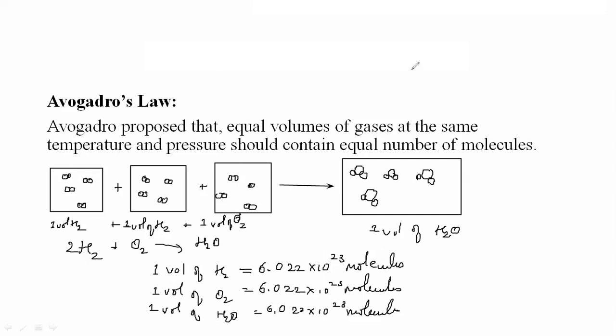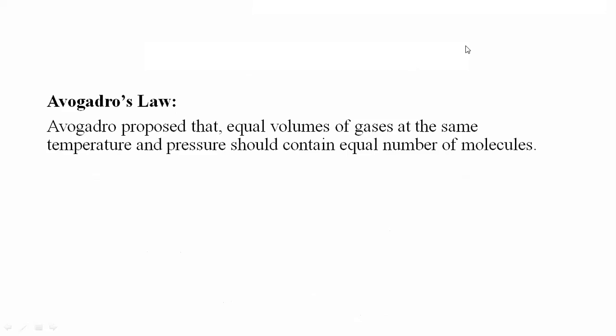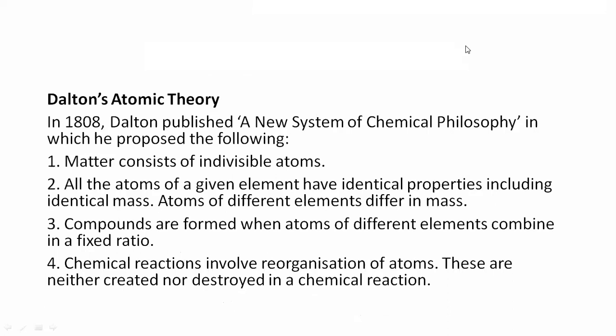So these are the 5 laws of chemical combination. Then moving to the very important theory, Dalton's atomic theory. Avogadro made a distinction between atoms and molecules.